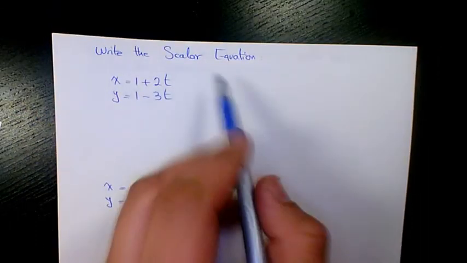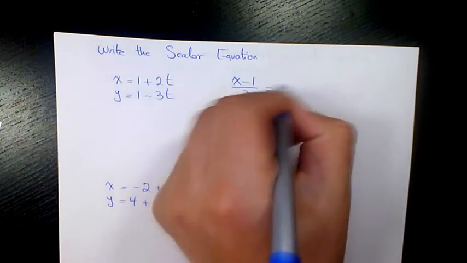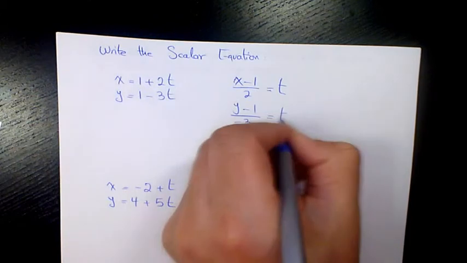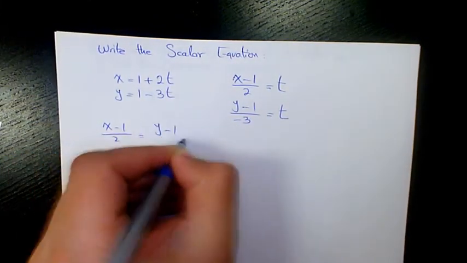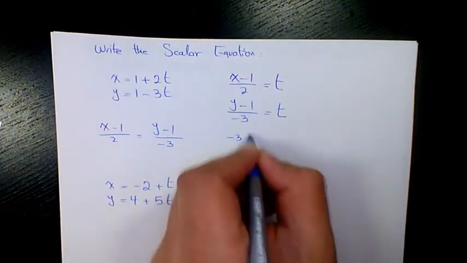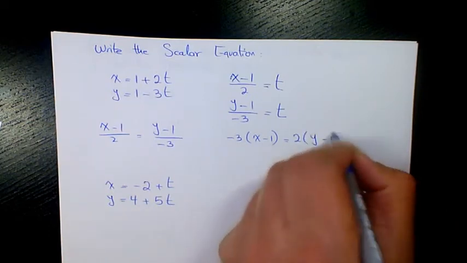Then write the scalar equation. We have (x - 1) over 2 equals t, and (y - 1) over -3 equals t. So we have (x - 1) over 2 = (y - 1) over -3. When you cross multiply, -3 times (x - 1) = 2 times (y - 1).